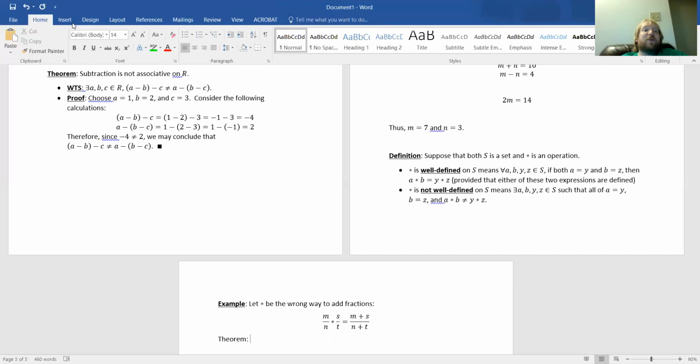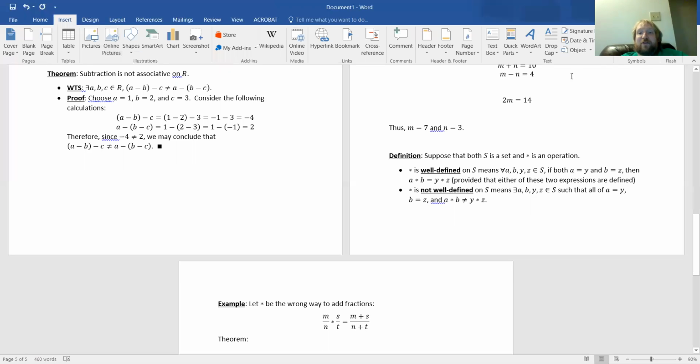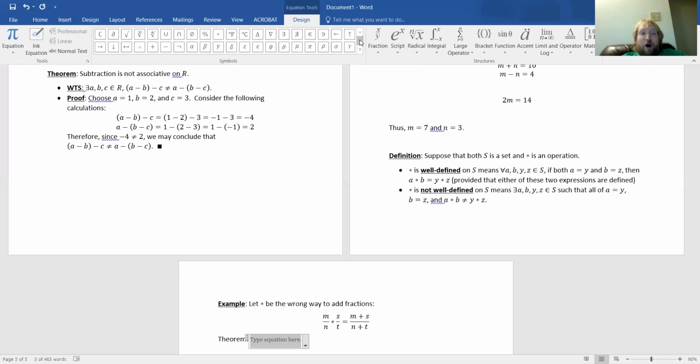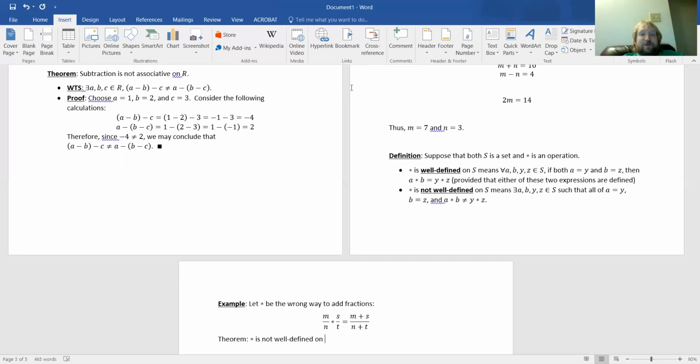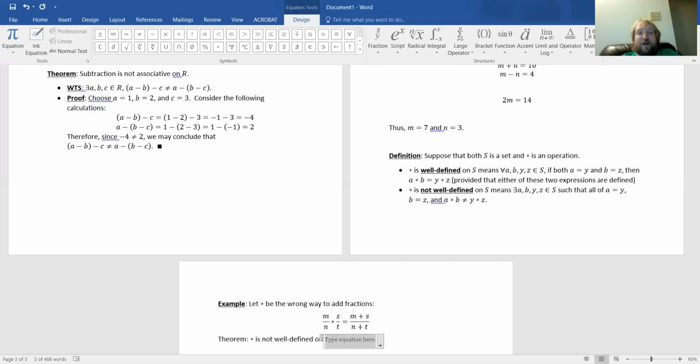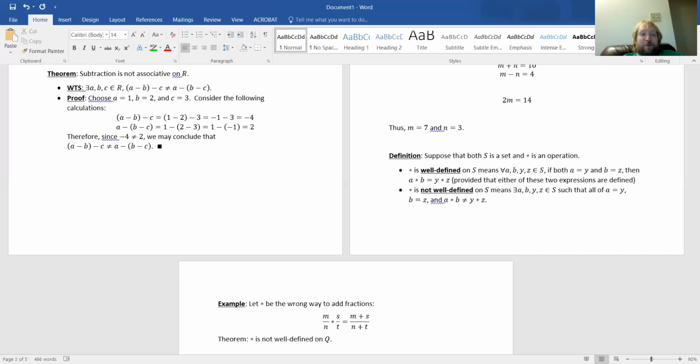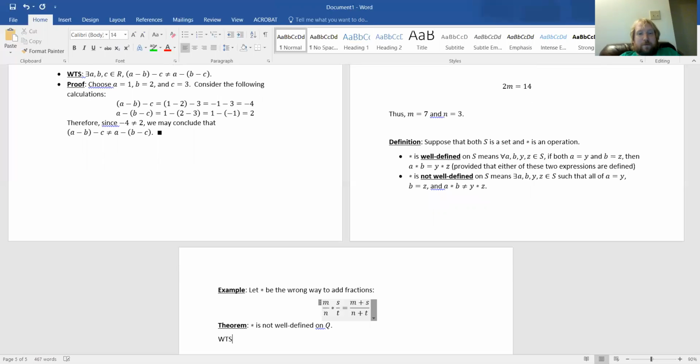And our claim here is that this operation star is not well defined on the set of rational numbers. This star is not well defined on Q, the set of rational numbers. So let's see.